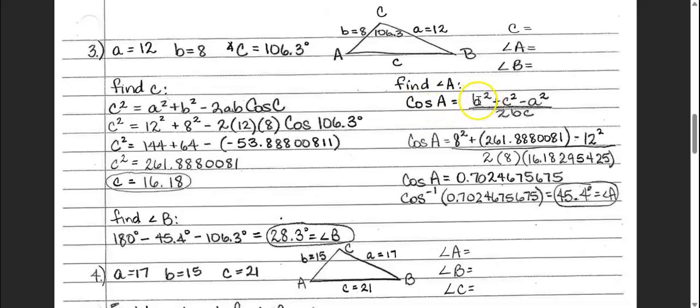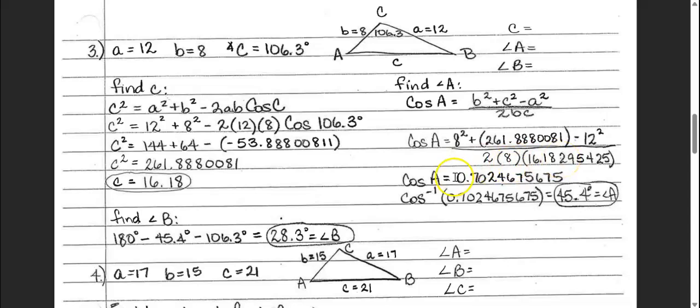All right, so I'm going to put in all 3 of my sides because we just found little c, right? So now we know side A, side B, and side C. So we're going to put all those in. And so that's going to be b squared plus c squared minus a squared. And I kept all my decimal places here, so my answer would be as accurate as possible. And then over 2 times b times c.